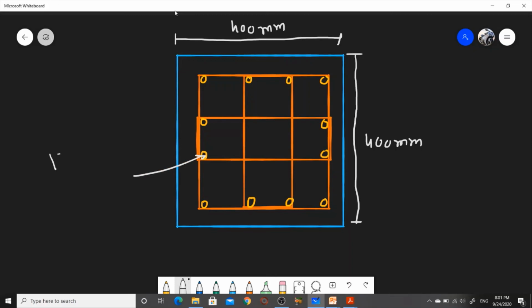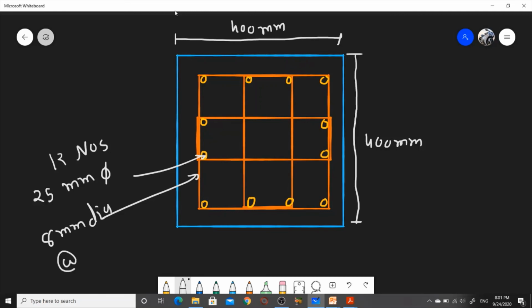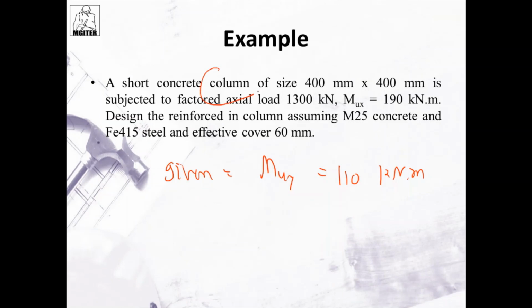It's 12 numbers of bar at 25 mm dia, and stirrups which are 8 mm dia at 300 mm center to center, and here is a cover which is 16 mm. So our design is completed here. Our column design is completed with biaxial moment.